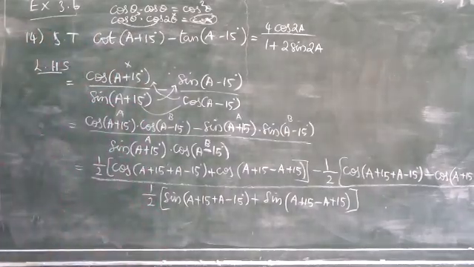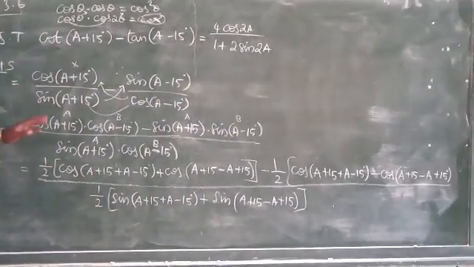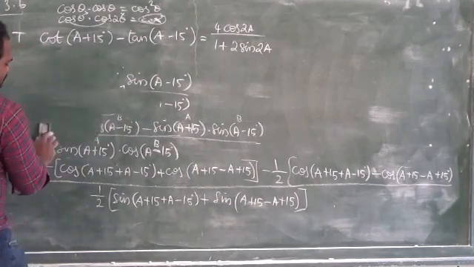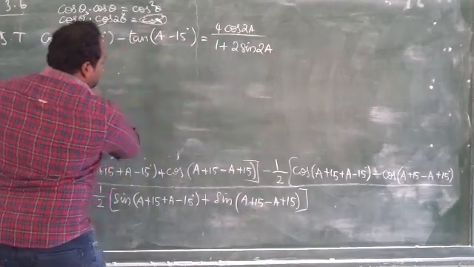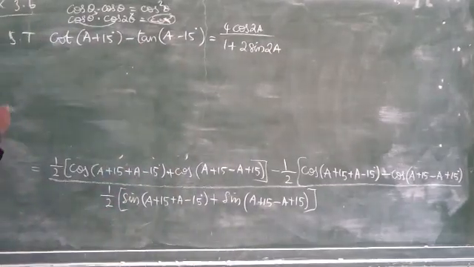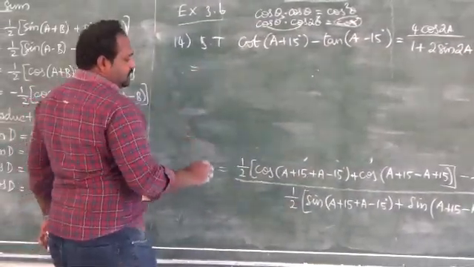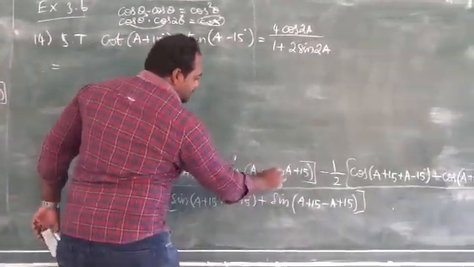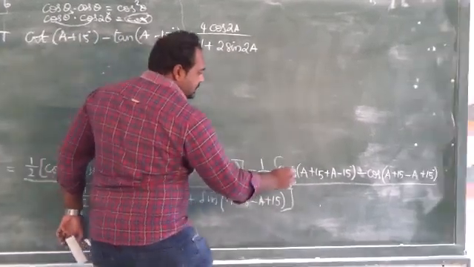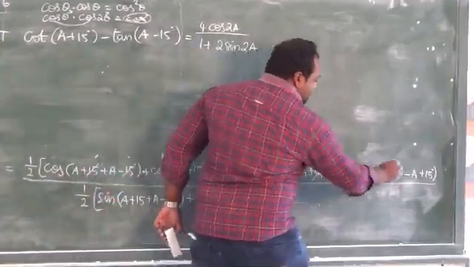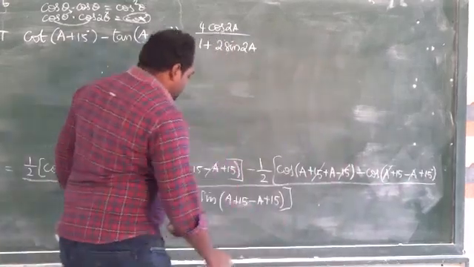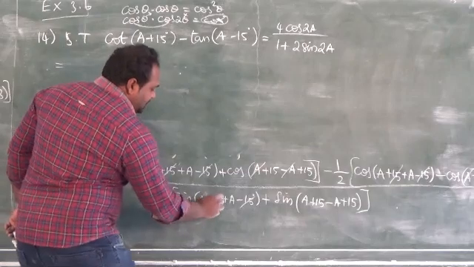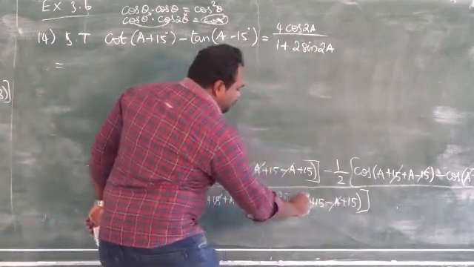So after expressing with the formula, we will have a simplification. Here 15 minus 15 cancels, here minus A plus A cancels, here 15 minus 15 cancels, here plus A minus A cancels, here minus 15 plus 15 cancels, here minus A plus A cancels.